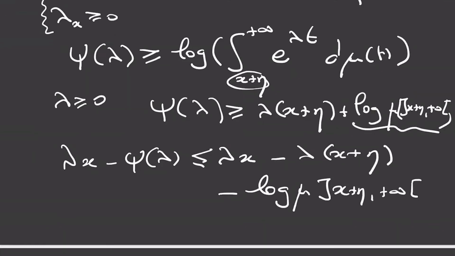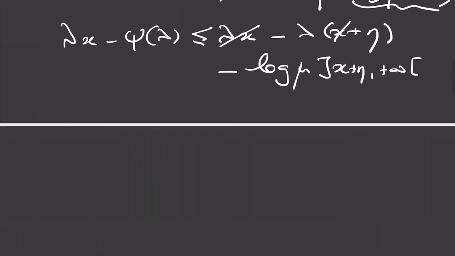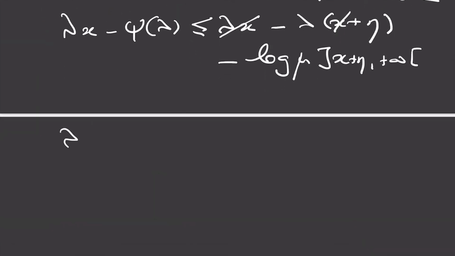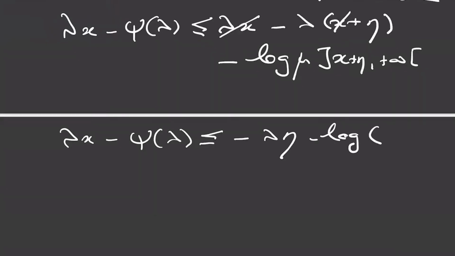And of course, the two quantities cancel, and you end up with an upper bound, which is minus lambda times eta minus log of the measure. And of course, this goes to minus infinity when lambda goes to plus infinity.